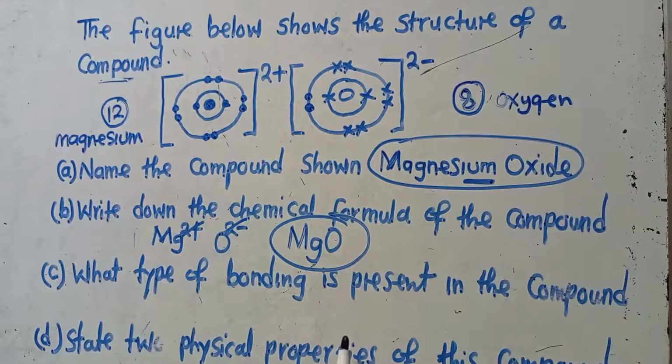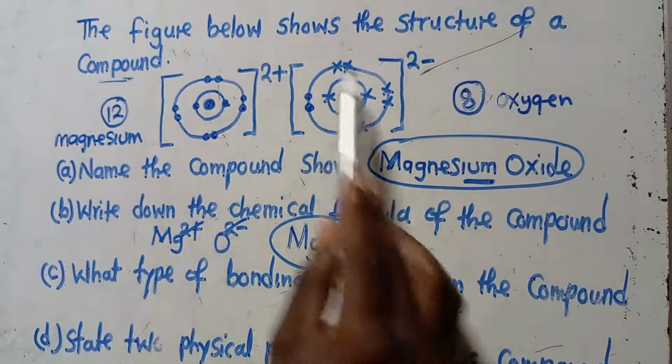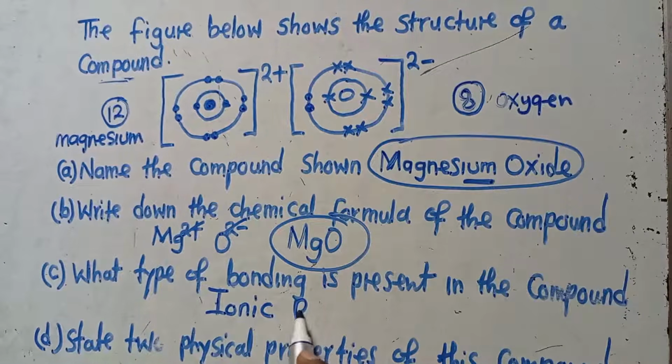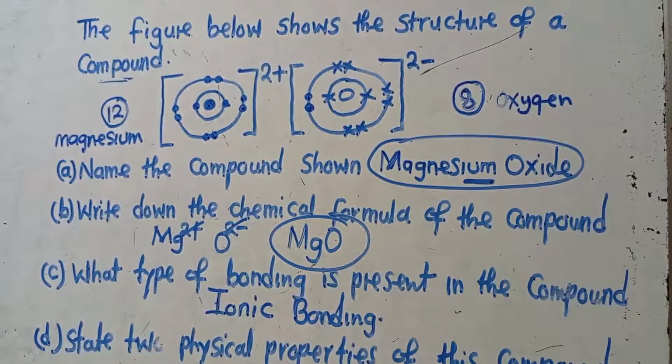We now move on to this one. What type of bonding is present in this compound? The type of bonding present in that compound is called ionic bonding. How did I know that this is ionic bonding? Ionic bonding is a transferring of electrons from metals to non-metals.